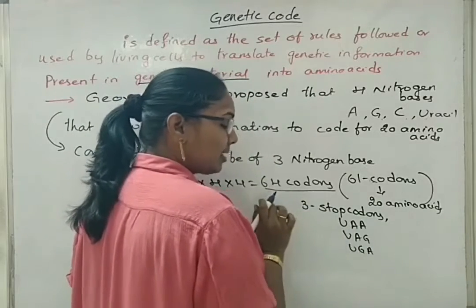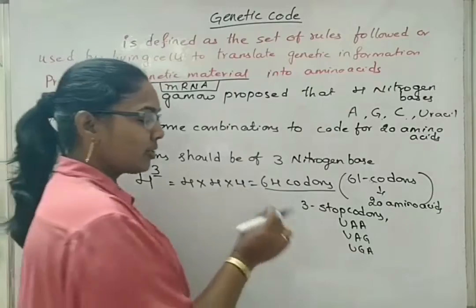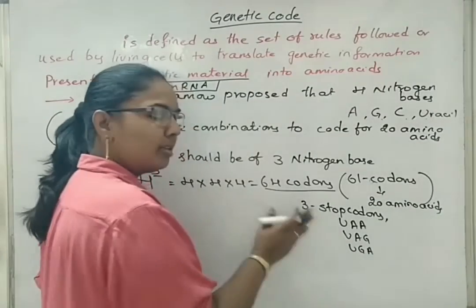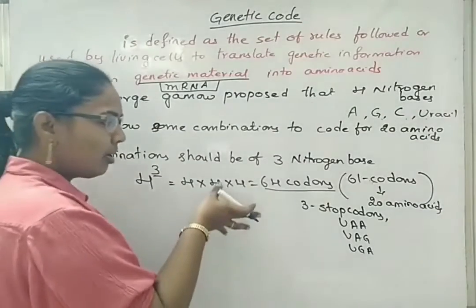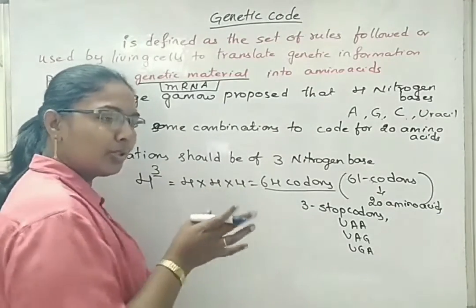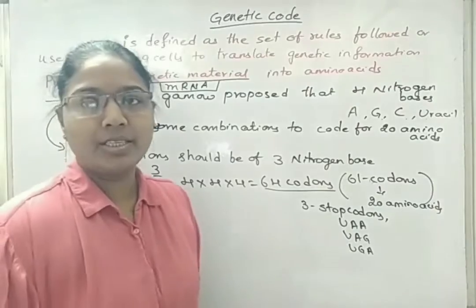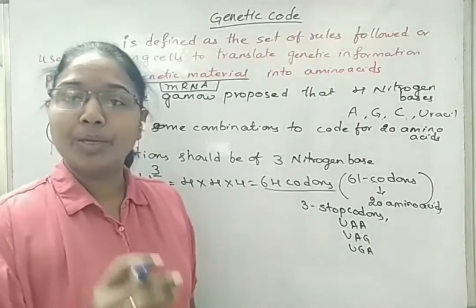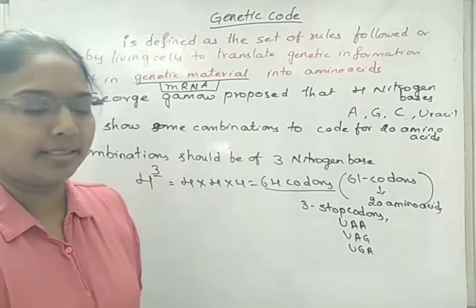When translation reaches the stop codons present on the mRNA, the synthesis of protein is stopped. So based on all the information we studied during transcription and translation, George Gamow's proposition was absolutely correct.